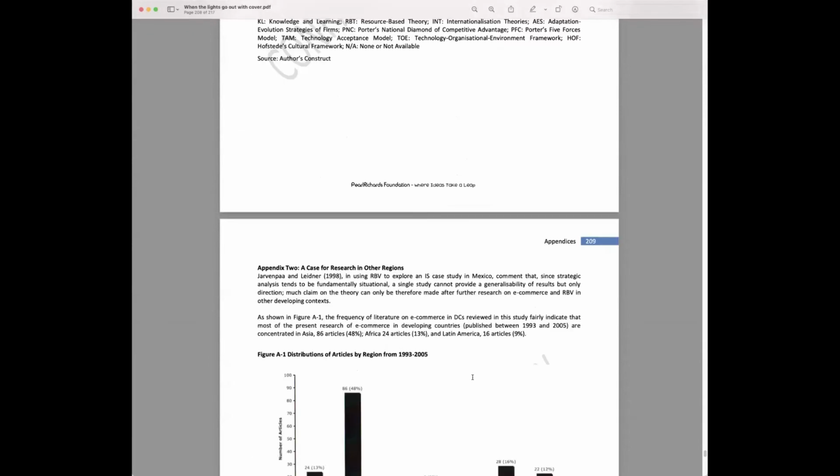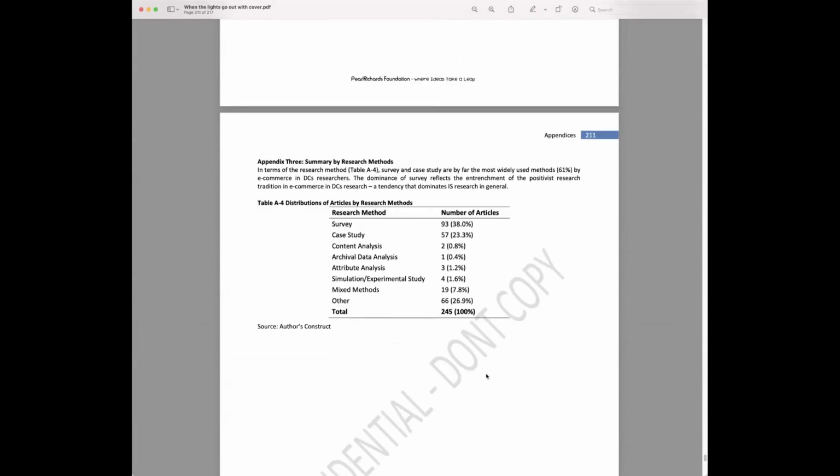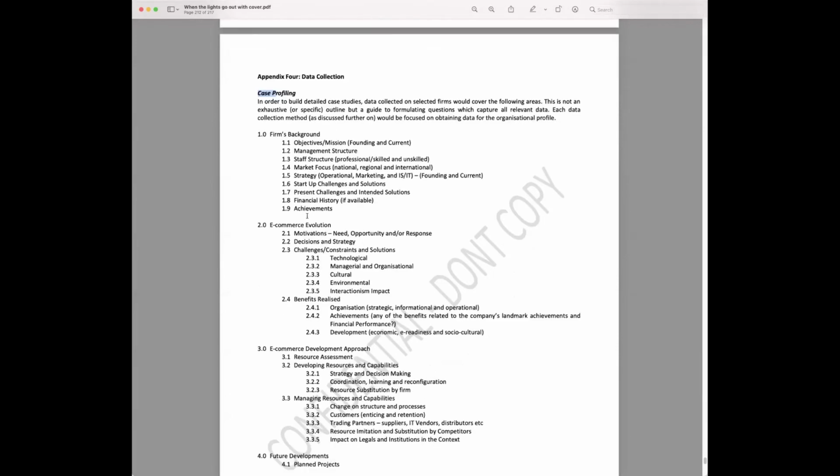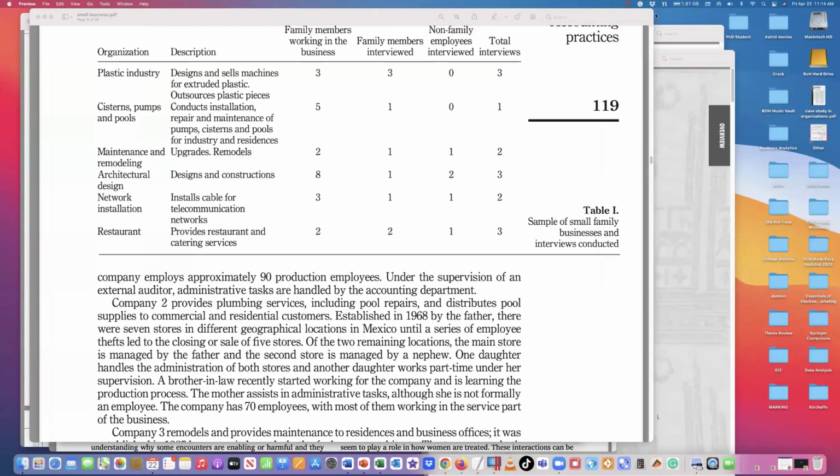Okay. So in my PhD, look at it. This is the structure of the case studies I'm going to build, the case study profiling. Let me show that part.